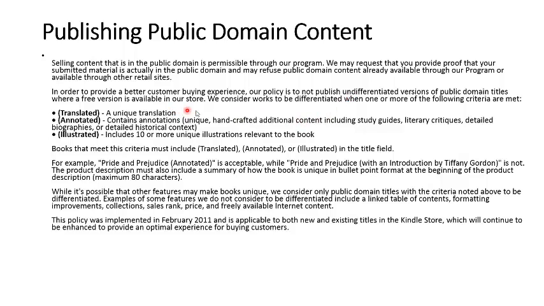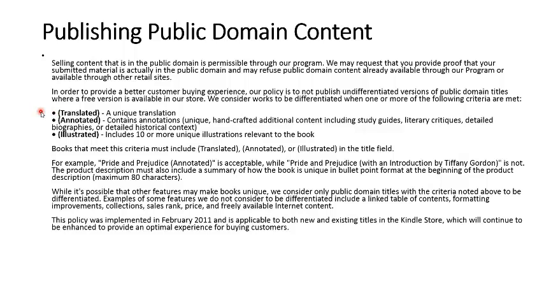Okay? So now, Amazon says we consider books, for simplicity's sake, to be differentiated when one of the following criteria are met. Number one, translated. So if you translate that from English to Spanish, that would be a differentiated version of that book.